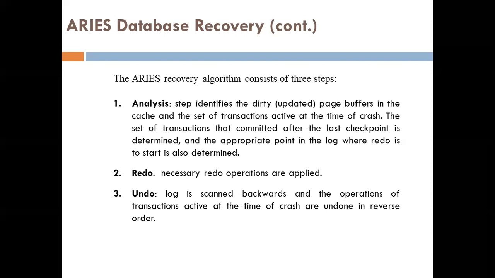This is again done by scanning the log file backward, and the reverse operations are applied. It is applied for those transactions that were active at the time of the crash, and they are undone in the reverse order. These transactions get aborted. Those transactions have to be restarted once again when the database becomes consistent.